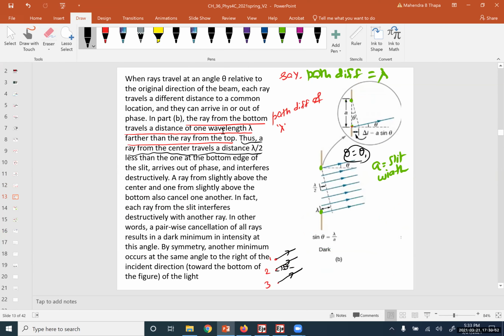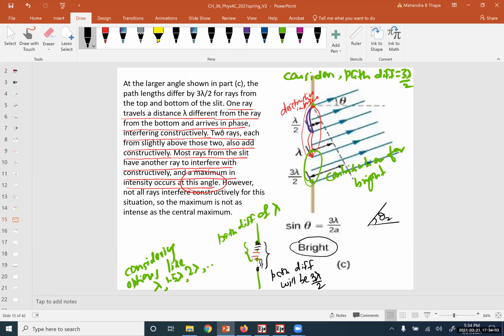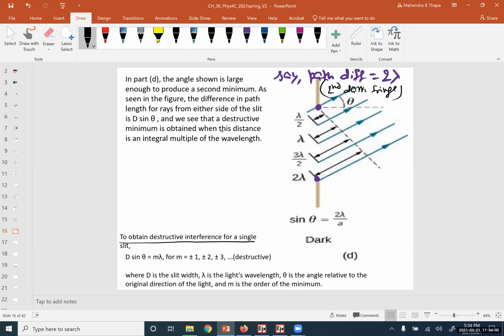Here we just say the slit width, we can say this as D or A, it doesn't make any difference. So just write A. If the path difference is A sine theta equals lambda, in the first case, we get the first dark.